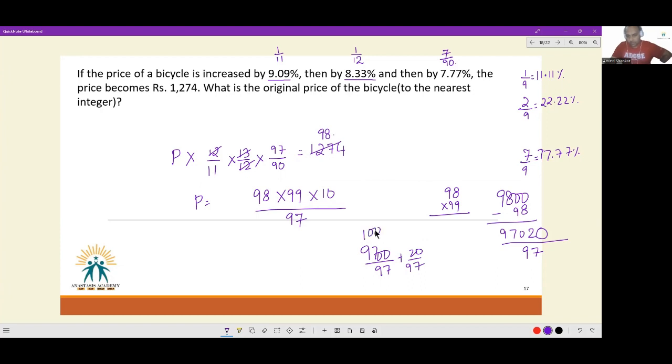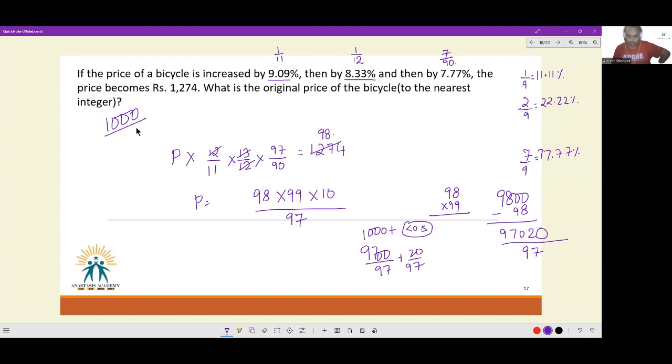So we get 1000 from here and we get something less than 0.5. So 1000 plus less than 0.5. So the nearest integer to it will of course be 1000 only. And that should be the answer to the question.